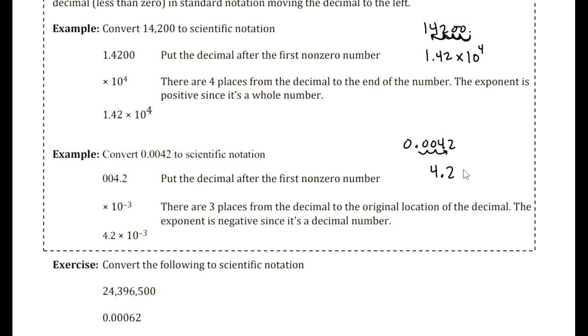So it's going to be 4.2 times 10, but since 4.2 is larger than 0.0042, we have to write that with a negative exponent, because 0.0042 is a small number. So 4.2 times 10 to the negative 3 is equivalent to 0.0042.